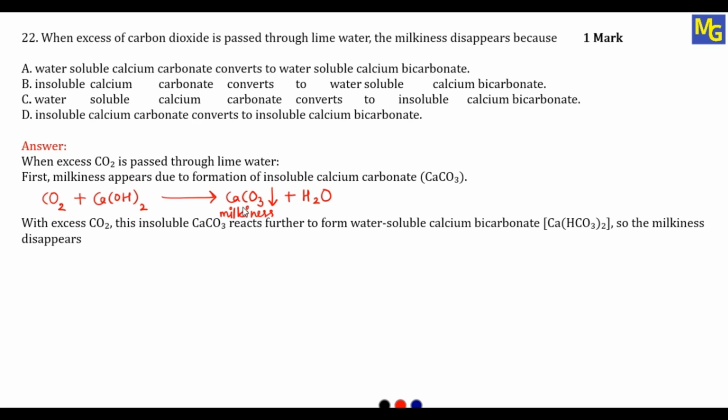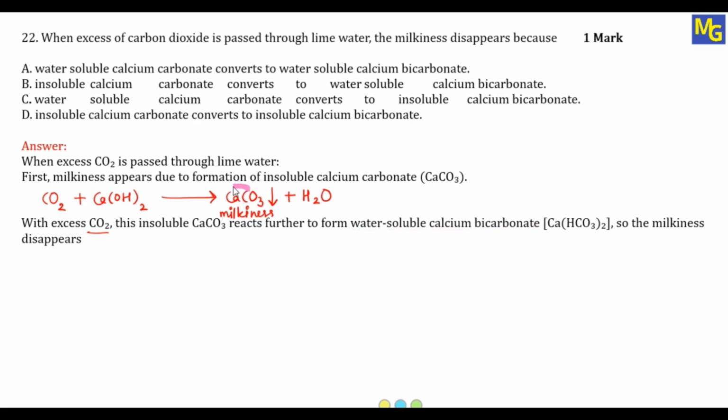Now suppose in the same milky lime water solution, if we supply excess of CO2, then what will happen? That we now have to see. With excess of CO2, this insoluble CaCO3 reacts further to form water soluble calcium bicarbonate.